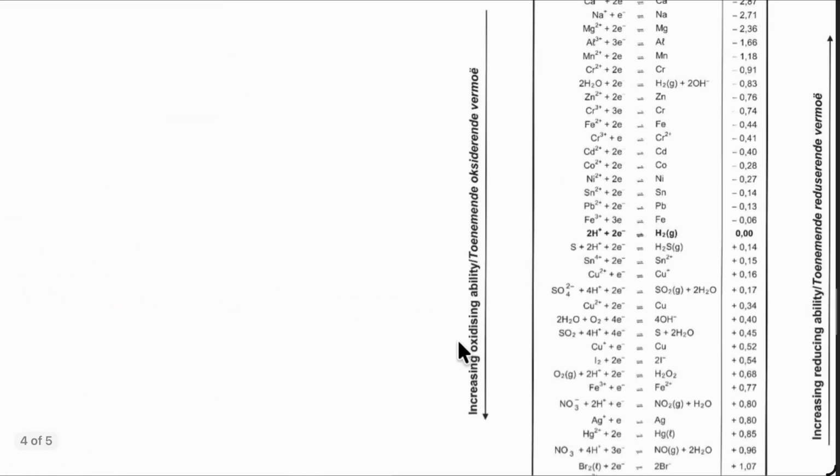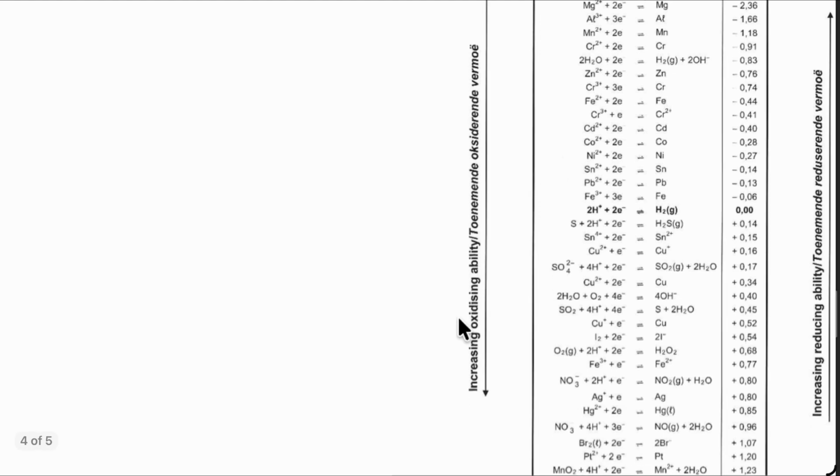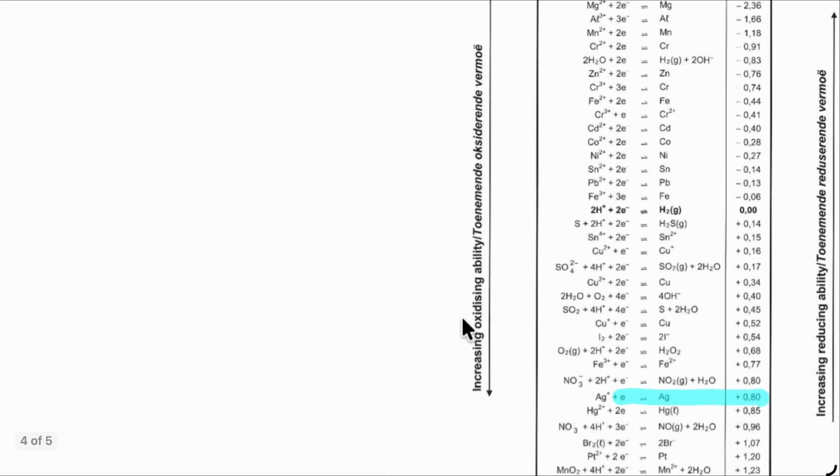So let's compare copper and silver. The reaction for silver is down here, and the reaction for copper is up here. Because copper is higher up, copper is a better reducing agent. That means copper is going to be oxidized. And that's our explanation.